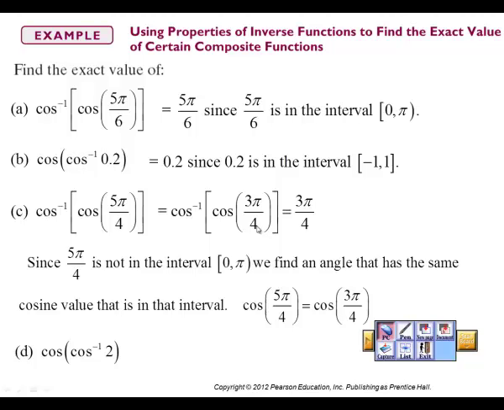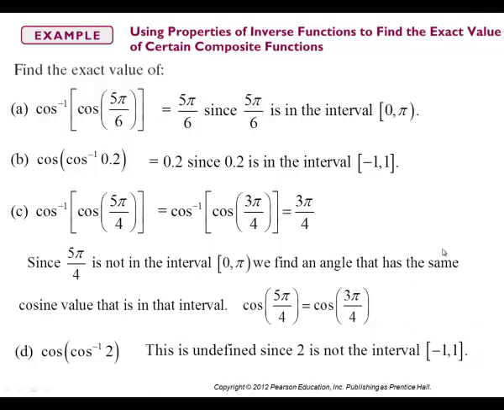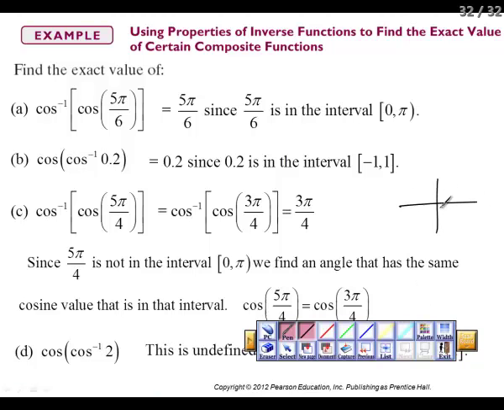So because we need to be in quadrant 2, the values for 5 pi over 4 in quadrant 3 would be the same as they would be in quadrant 2. Because if we were to look at 5 pi over 4, this would be negative square root 2 over 2, negative square root 2 over 2 for cosine and sine.